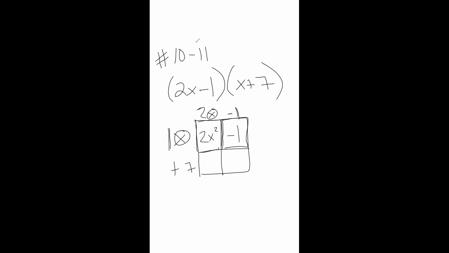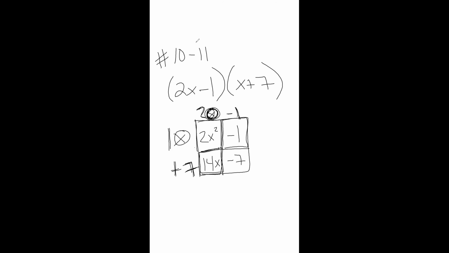Then we're going to go to the next box. 2 times 7 is 14. And we have that x up here, so this just gets 1x. There was only 1 that time for this box. Then we have 7 times -1, so that gives you -7.